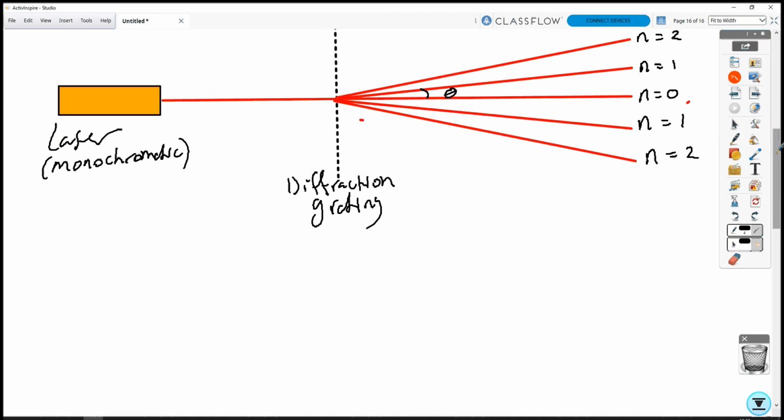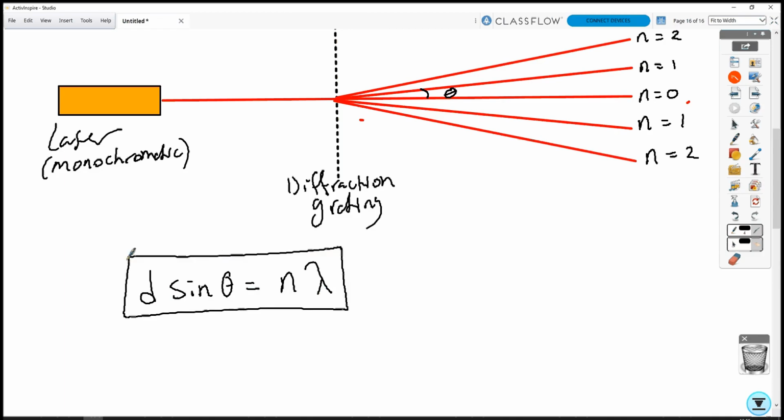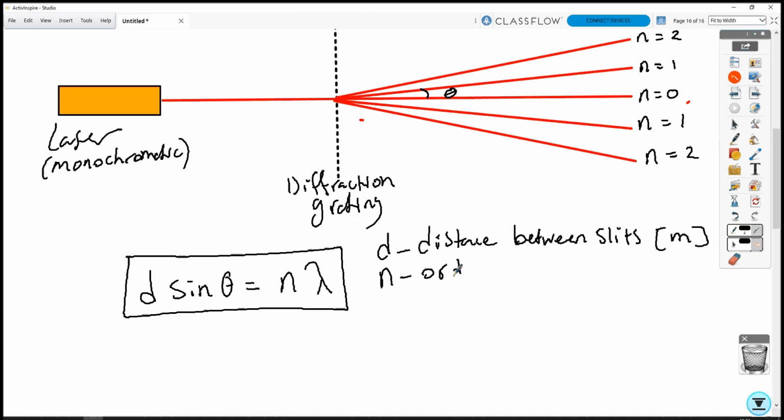So the equation that relates these together is d sine theta is equal to n lambda. Put a box around that. So d is your distance between slits, measured in meters. n is the order.